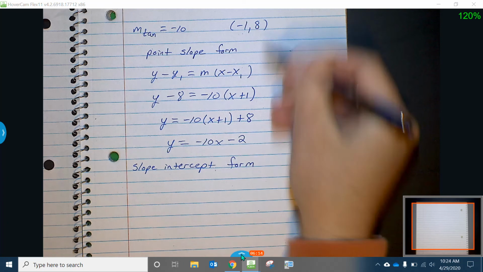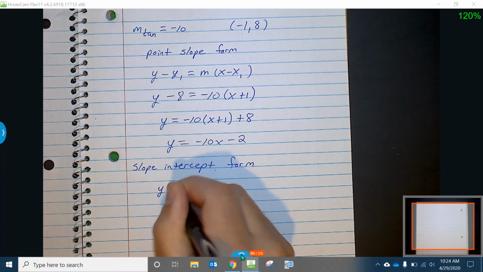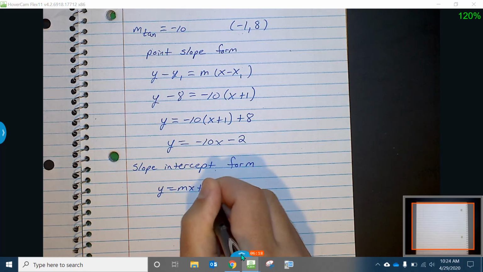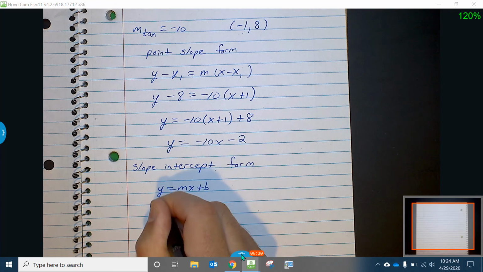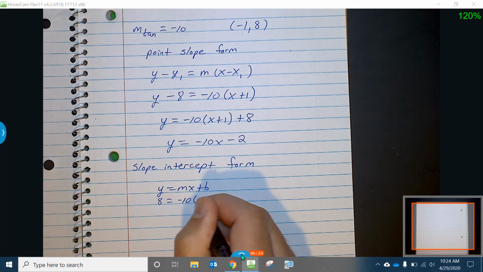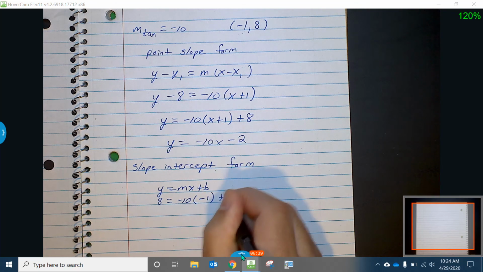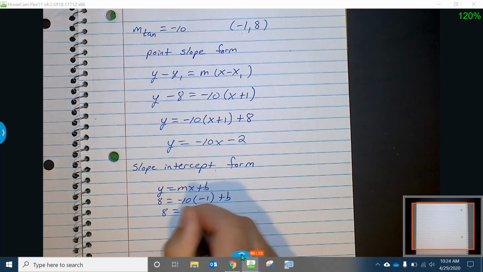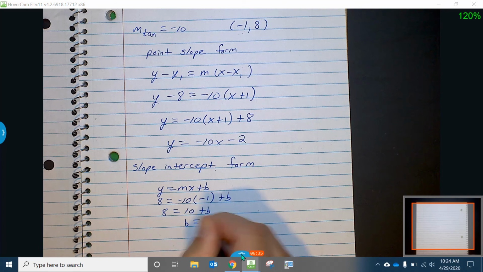So going back to the original, if you use slope-intercept form, you would do the y value is 8, the slope is negative 10, the x value is negative 1 plus b, 8 equals 10 plus b, subtract 10 from both sides, b equals negative 2.